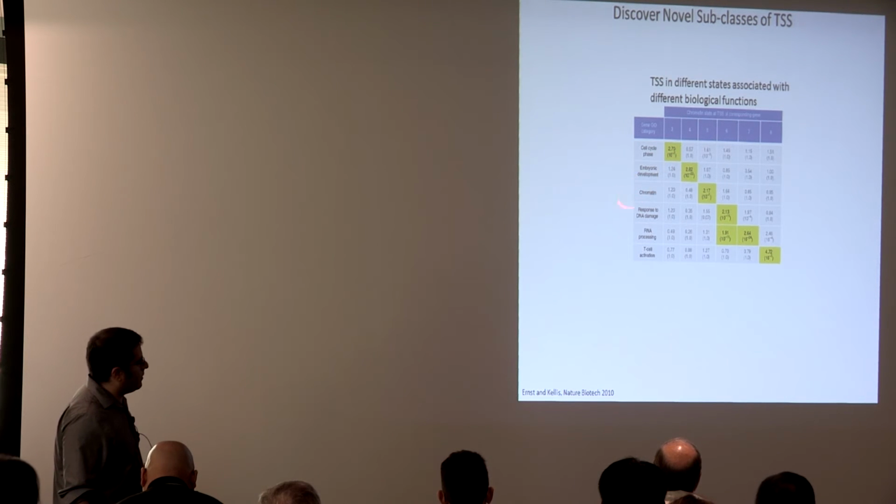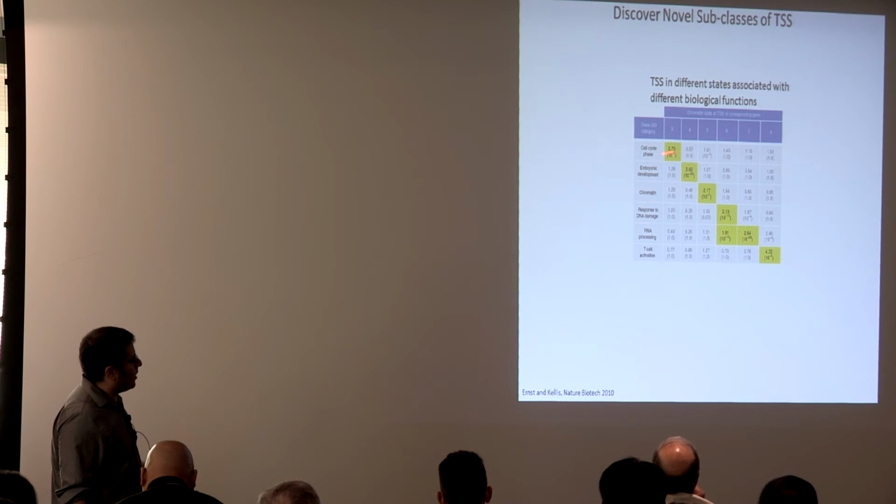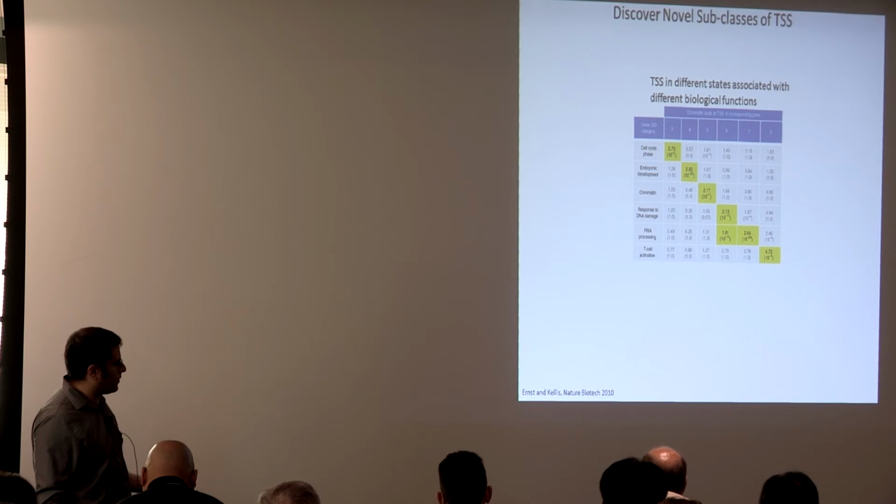But if we drill into the different biological categories, there are certain states that might be associated with embryonic development that aren't enriched in any of the other states, or T-cell activation, and this was T-cell, so we were working with, or other states like cell cycle or RNA processing.